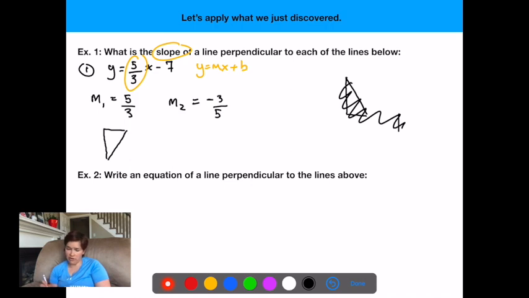Next one, rise of negative 3 means I'm going down. Run of 5 means I'm going like that. This line is perpendicular to that line. If I were to continue them up all over my page, that gets a little messy, but those are perpendicular. Okay, so my rise became my run became my rise, signs flipped. That's the big idea. Okay.